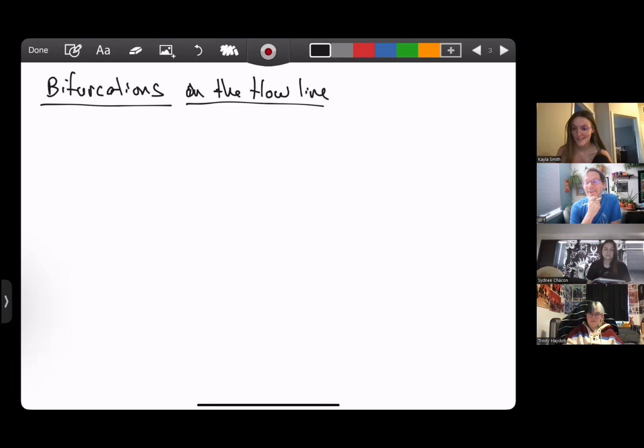Cool, karma-free quiz. Anybody care to regale us with their definition? It's a split. Yes, absolutely. That word is used in the law and things like that too, where you split some case into two different parts. What does it mean in terms of a dynamical system?